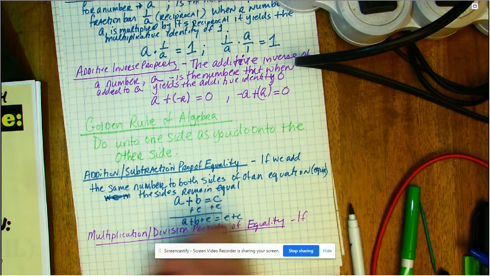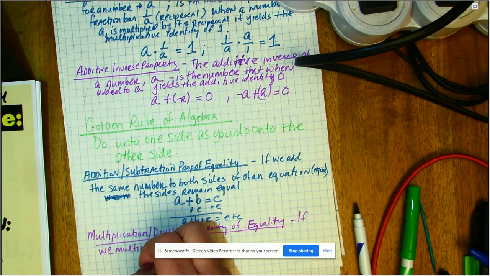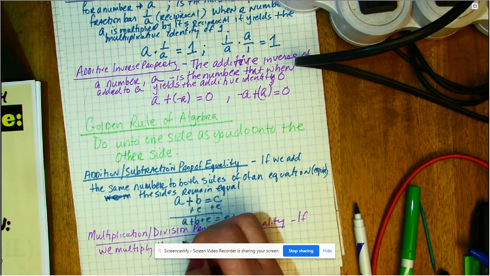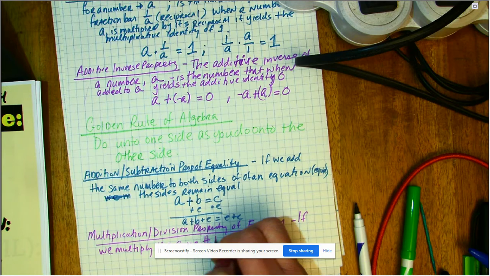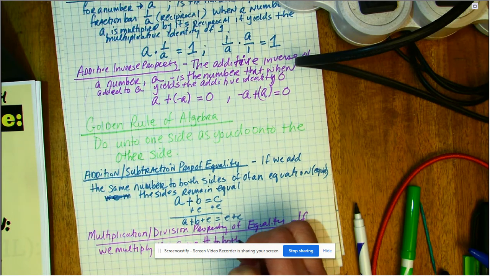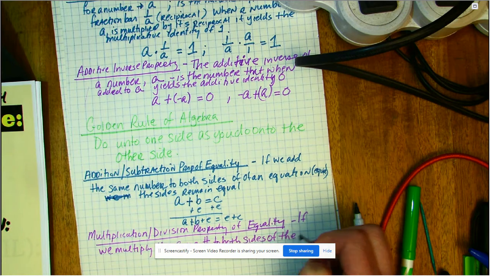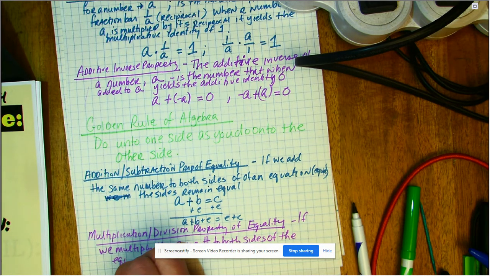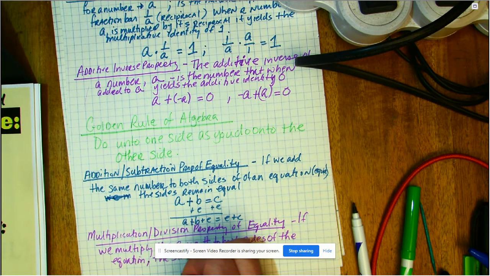So if we multiply the same number to both sides of the equation, the sides remain equal.